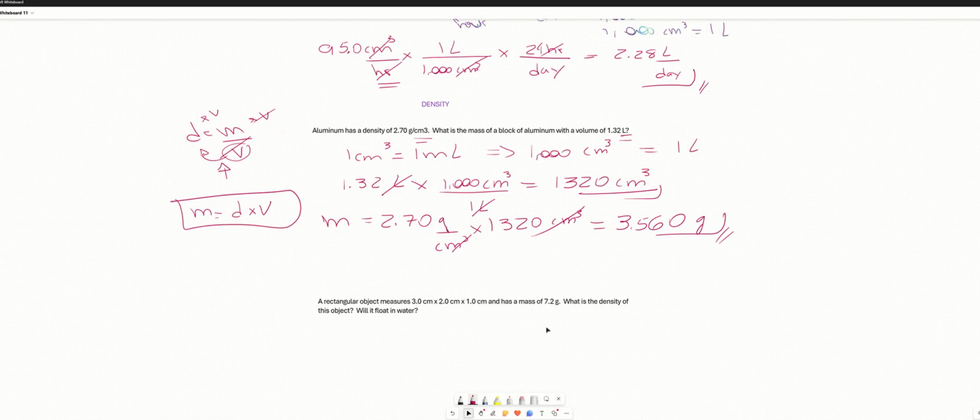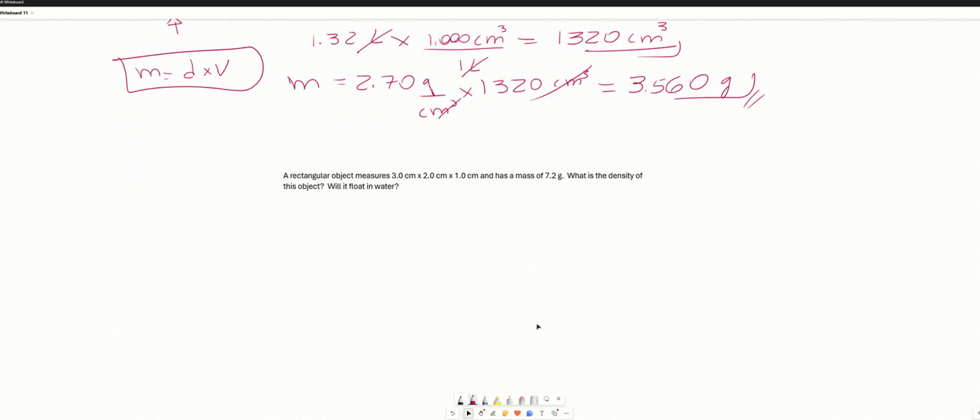And we can do one more over here. So now we have an object, they give us the measures of this object, and then we need to calculate the density, and they also ask if it will float in water. So that is a lot of questions. I'm a good chemical engineer, but I'm not good at drawing.